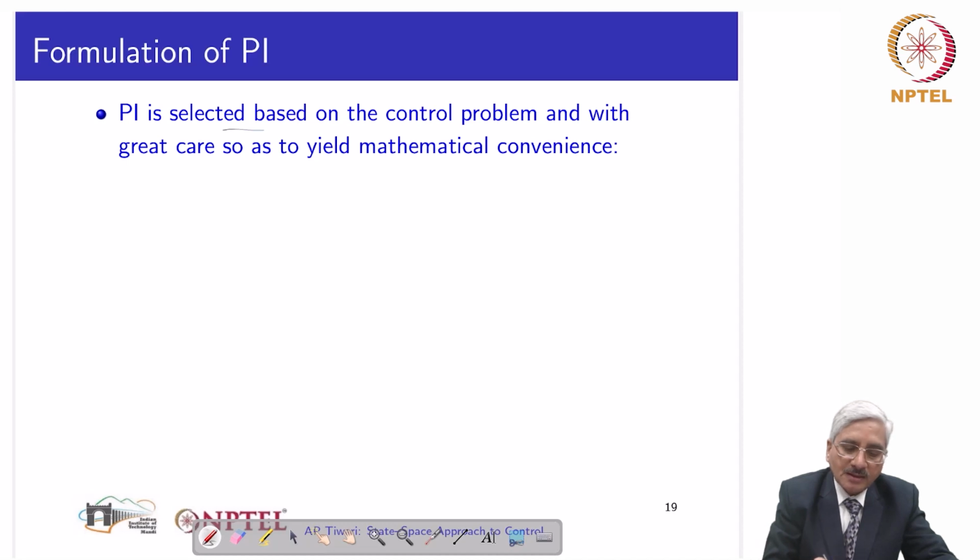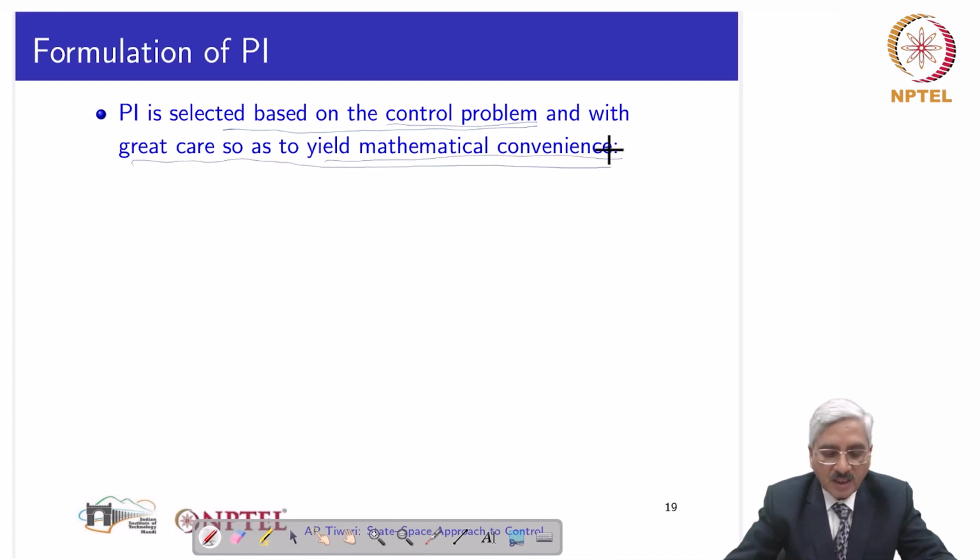It is selected based on the control problem, and great care has to be taken so that at the same time we get mathematical convenience in solving the problem, because it is the performance integral which will determine the form of the controller, and it must be feasible to solve the problem for the given performance criterion.